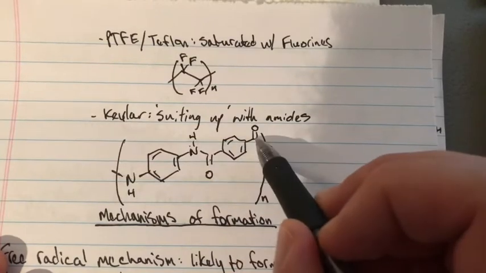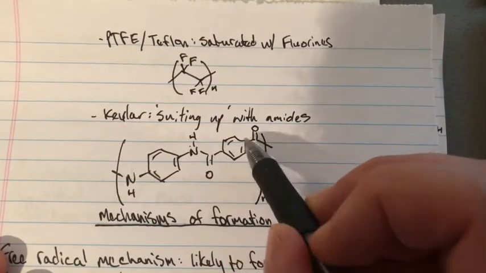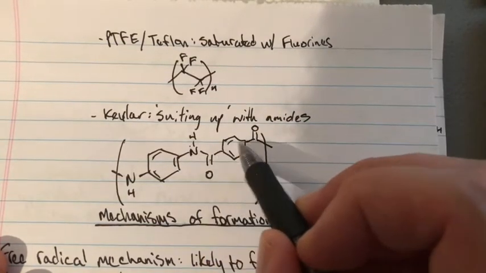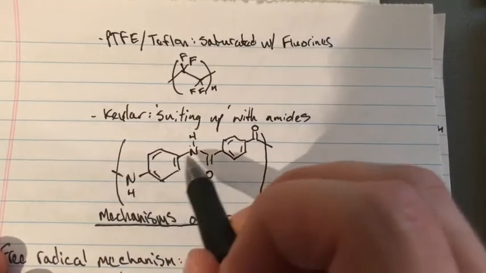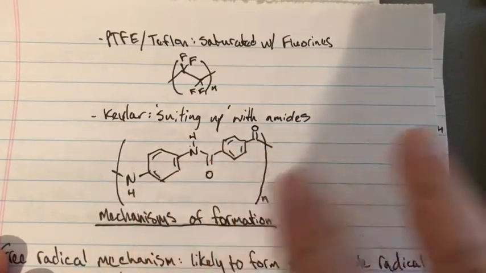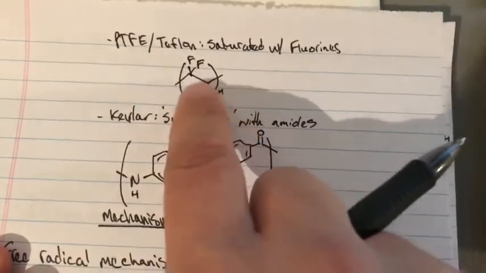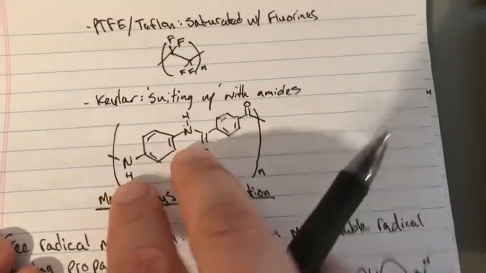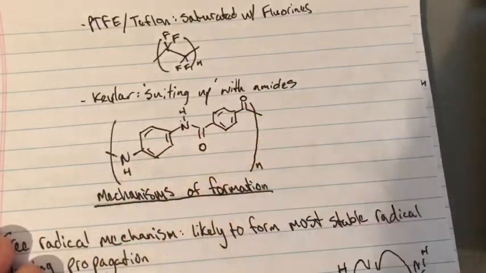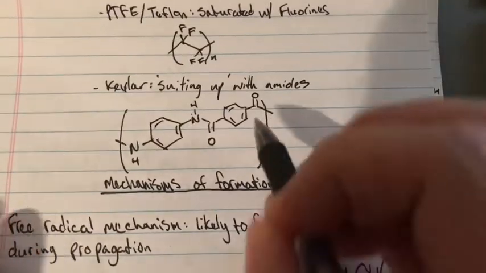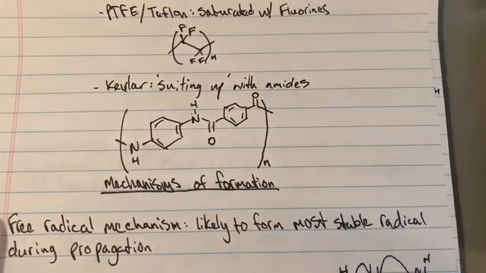Two carbonyl groups that are wedged on that are para to one another about one ring. So in other words, it's not like this typical repeating pattern that you see here. It's one and then the other, one and then the other. Okay, so this is going to form via condensation reactions.